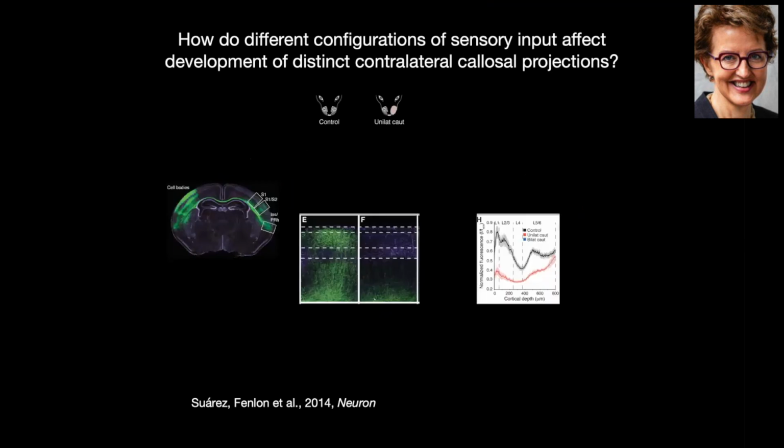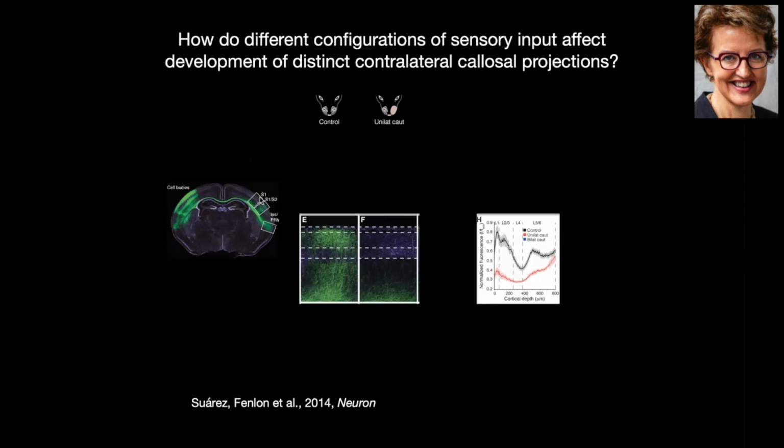So here is the repeat of the experiment. What we're looking at here is this projection, which is typical. Callosal neurons in one hemisphere in the sensory areas typically project from the primary sensory area to the border between S1 and S2.